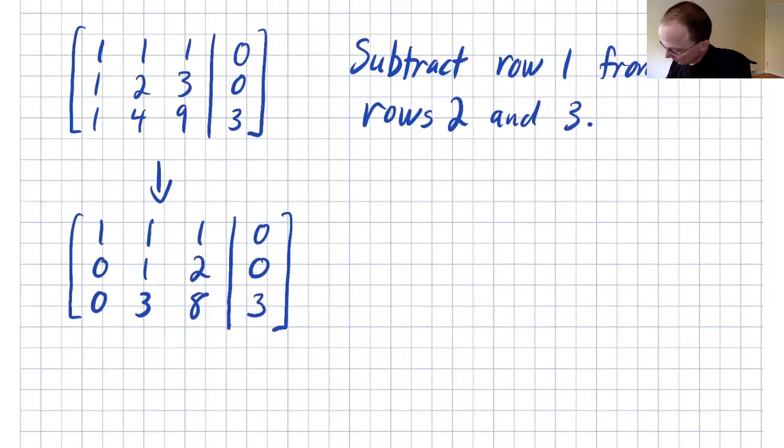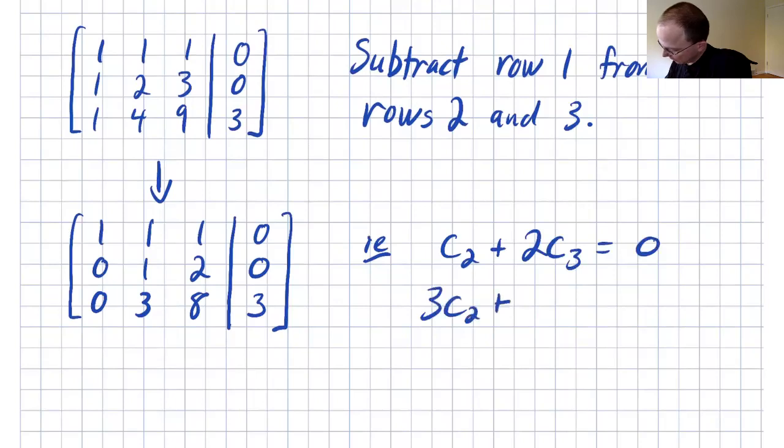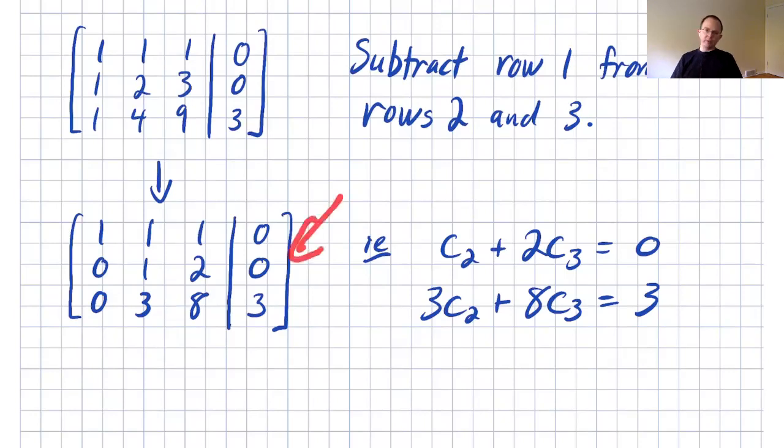In other words, we now have C2 plus 2C3 equals 0, and 3C2 plus 8C3 equals 3, because we removed the C1 from those two equations. So you could do this by hand and write the C1, C2, C3 everywhere, but it's just a lot nicer to work with matrices because you don't have to write as much.